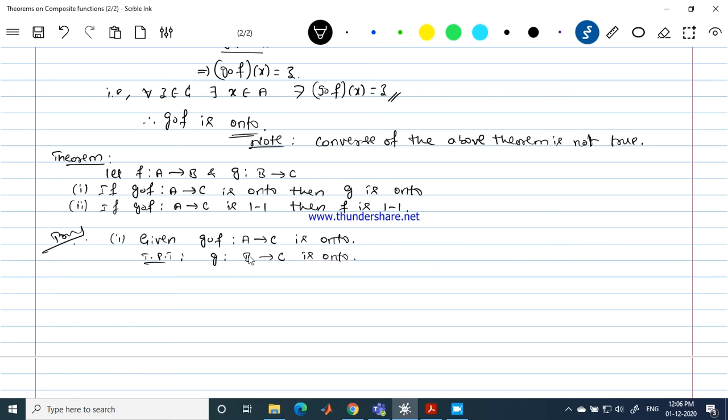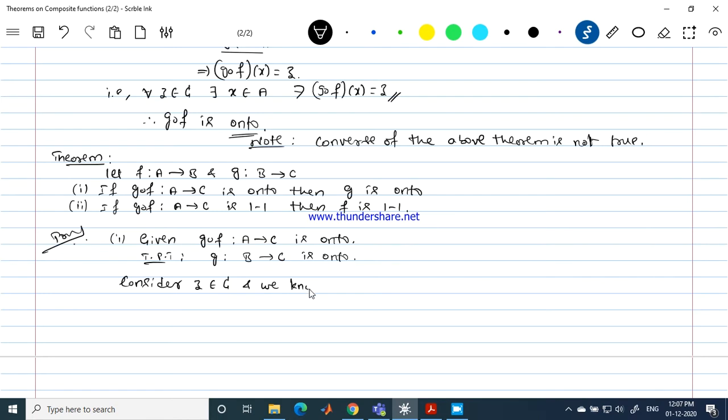Now what I'm supposed to do to prove this is onto function, I need to consider one element from the codomain. So now consider z belongs to C, which is the codomain.